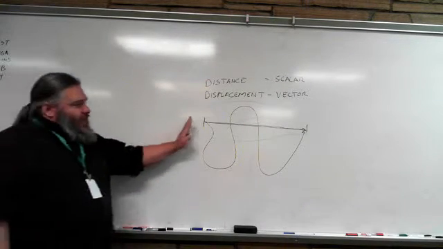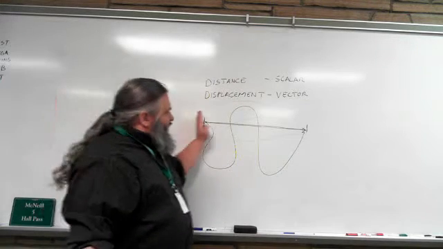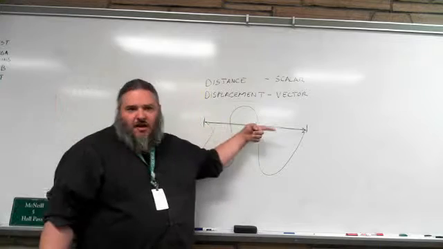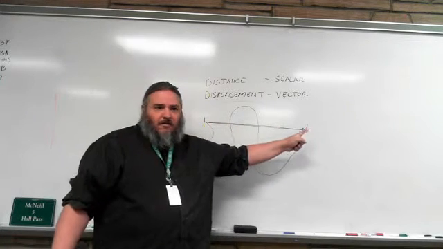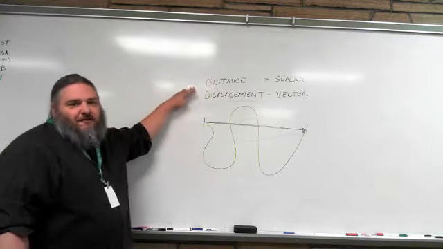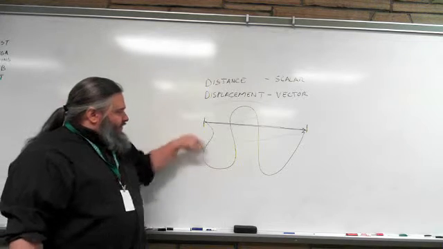Displacement cares about the difference between the 2 points and the direction in which those 2 points are separated. So if this is my initial position, this is my final position, the displacement is that distance in between those 2 points and the direction that I would have to travel to get from that point to that point. That's what displacement is. So there is a big difference between those two terms, distance and displacement. Distance is simple path.